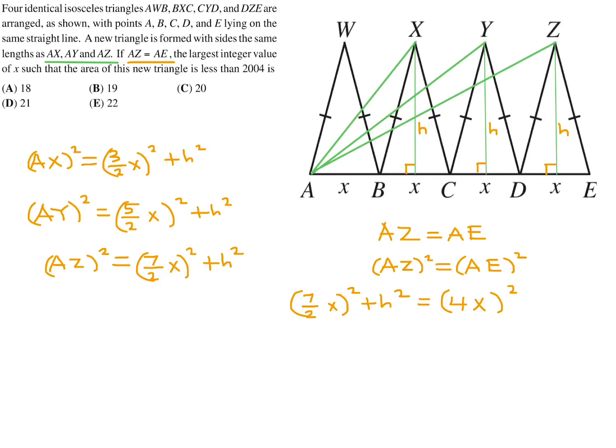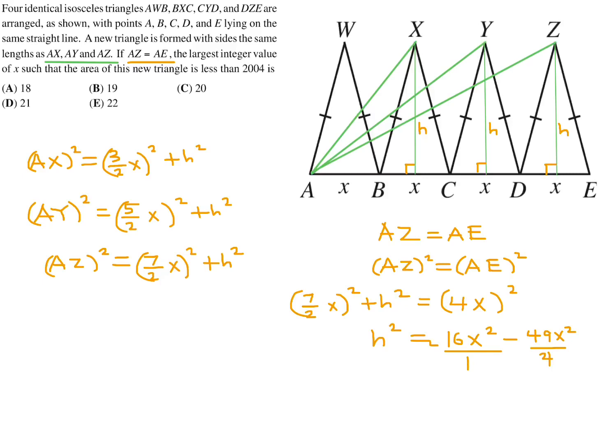So now this helps me tremendously because I can isolate for h squared. I got 16x squared minus 49x squared over 2. And let's see what this gets. Oh, over 4. You see what I mean? I just said it, and then literally 10 seconds later, I made the same thing. So don't make those small algebraic mistakes, because you know how to do the question, but you make those small mistakes and you get the wrong answer, or you don't get an answer that makes any sense, and that's really painful.